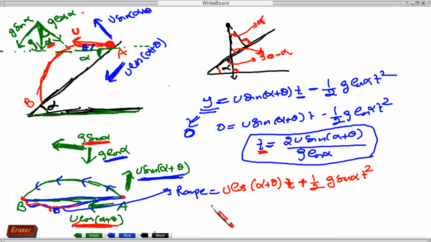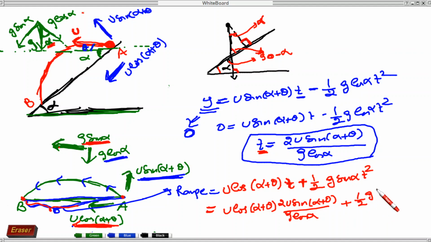Now let's substitute this here: u cos(alpha plus theta) times 2u sin(alpha plus theta) over g cos alpha, plus half g sin alpha times 4u squared sin squared(alpha plus theta) over g squared cos squared alpha.